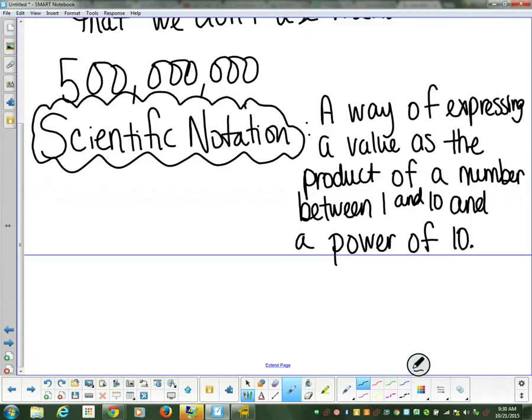Okay, so that's a big fancy definition. We'll go through it and break it down to make it simpler.